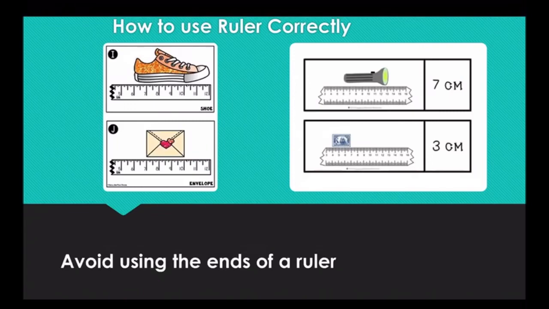So you subtract, and it is 6 centimeters, or 6 inches. This is an inch scale, so inches long. Similarly, the envelope is measured like that, the torch is measured like that over here, and the note is measured over here like this. Okay, so this is the way we first avoid using the ends of the ruler.